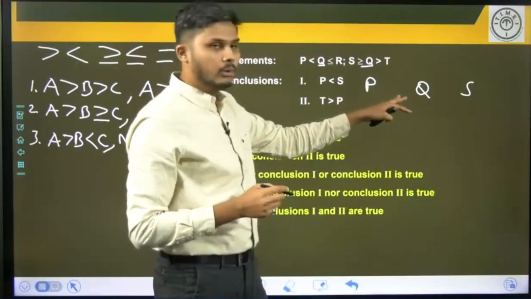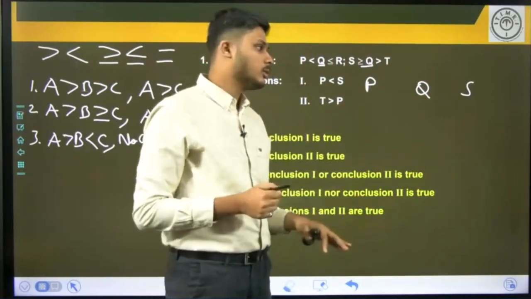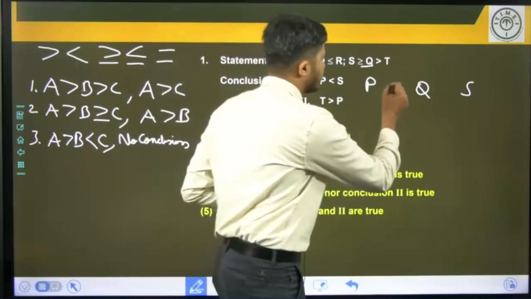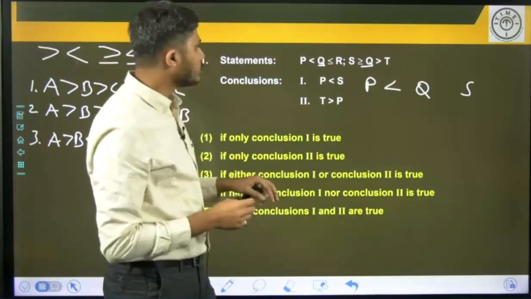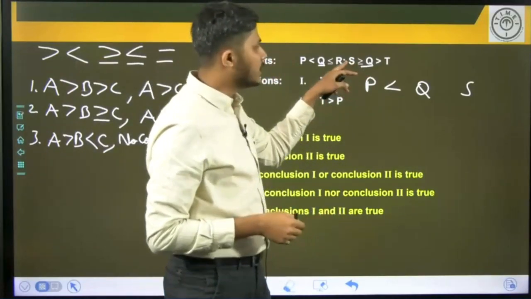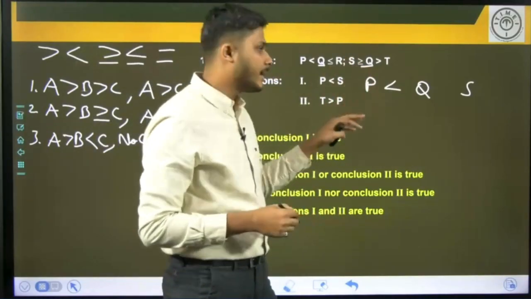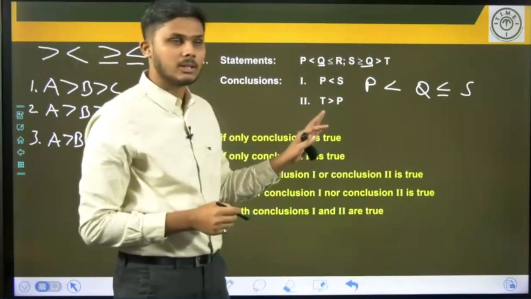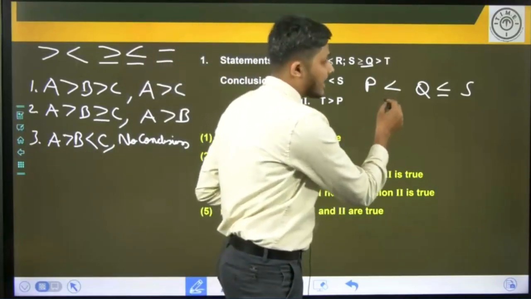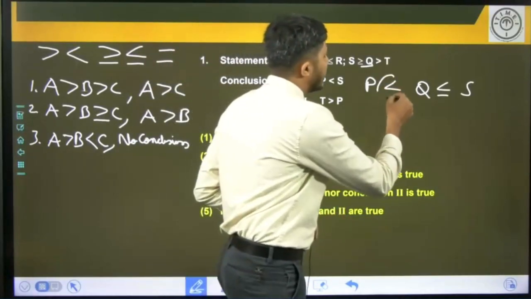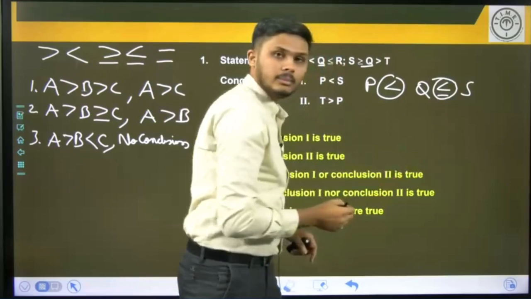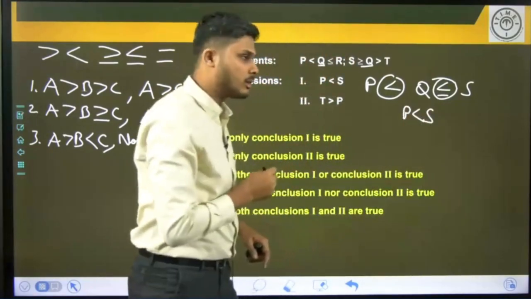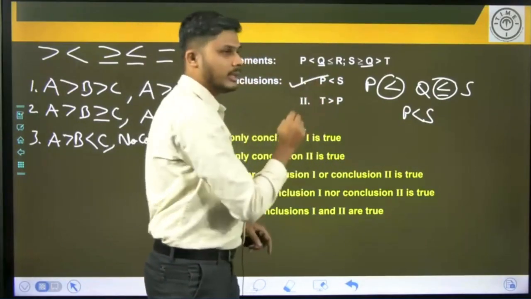So, using Q, we will find the relation between P and S. From the first statement, P is less than Q, and from the second statement, S is greater than or equal to Q, which is the same as Q is less than or equal to S. As seen in the second shortcut, since the pair is less than and less than or equal to, the end result will be P less than S. Hence, conclusion 1 is true.